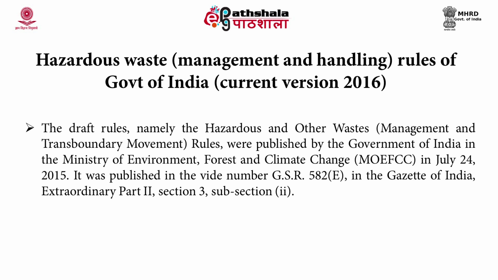The draft rules, namely the Hazardous and Other Waste Management and Transboundary Movement Rules, were published by the Government of India in the Ministry of Environment, Forest and Climate Change on July 24, 2015. It was published with the number GSR 582(E) in the Gazette of India, Extraordinary, Part 2, Section 3, Subsection 2.